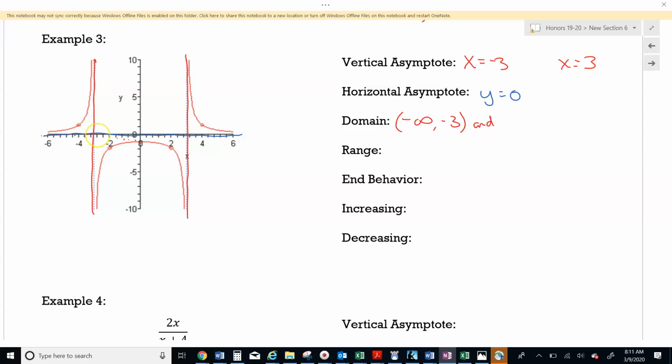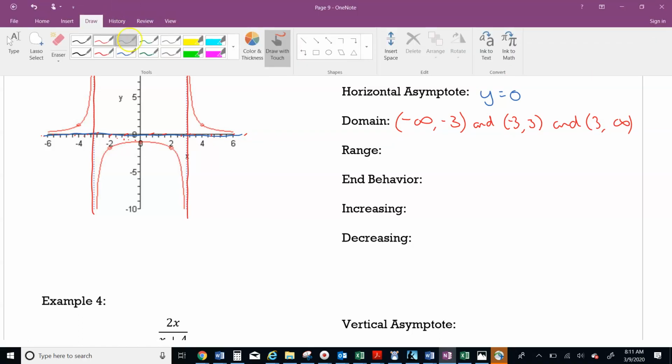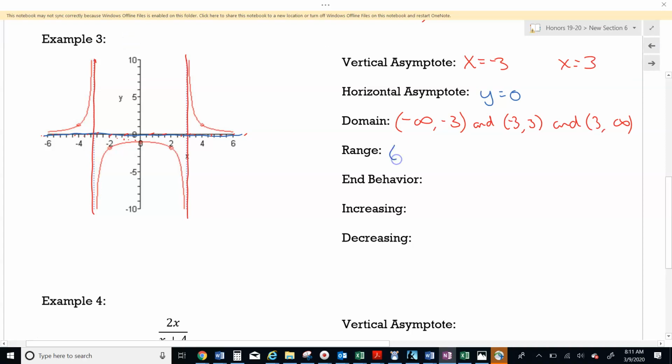I get over it, I'm at negative 3. And I'm going, I'm fine, until I get to 3. Then I get over that 3, and I can keep going forever. Okay, so at every vertical asymptote, I have that jump in my domain. Our range is still the same idea with our horizontal asymptote, which is negative infinity to 0, and then 0 to infinity.